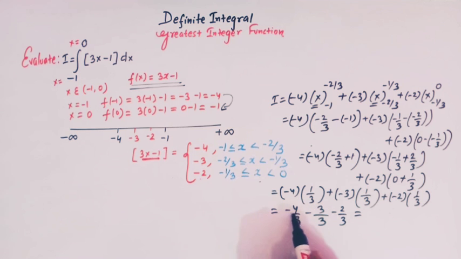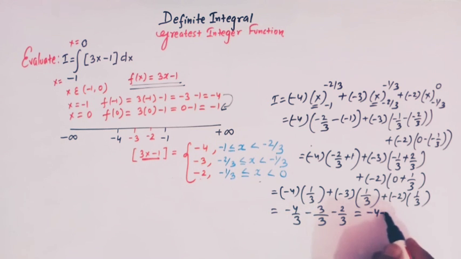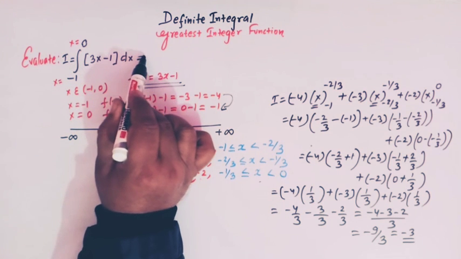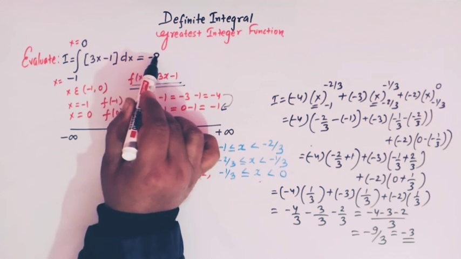So now if we add all these three numbers, we have minus 4 minus 3 minus 2 over 3, and this is minus 9 over 3, that is minus 3, right? So viewers, the value of this integral is minus 3.